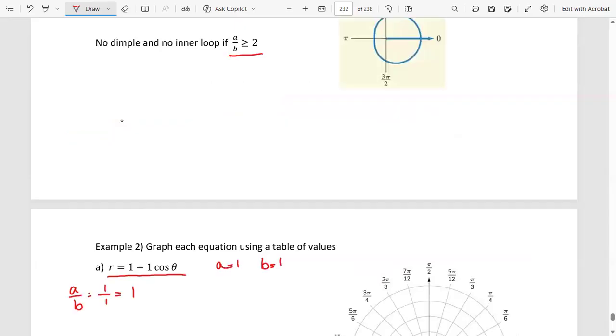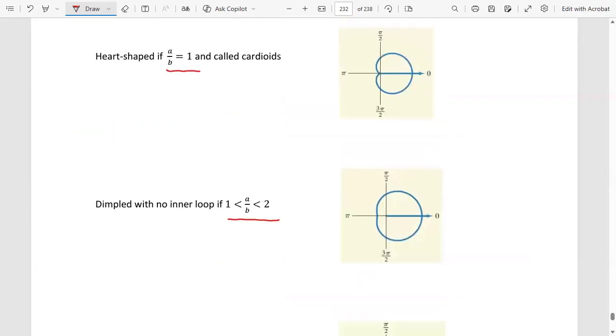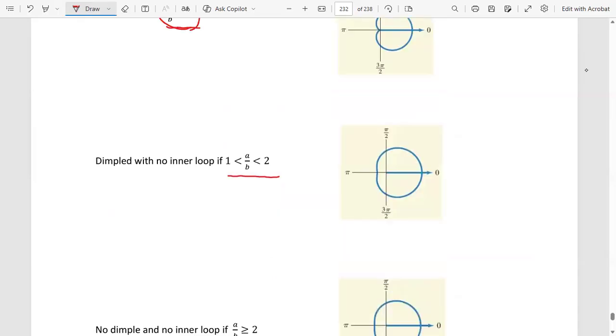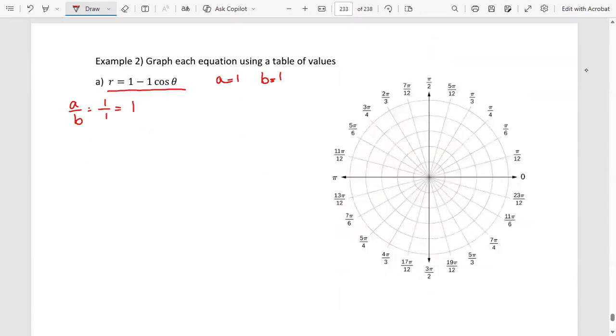I know every time the ratio is equal to 1, we should have a heart shape. So for this equation, I also expect a heart shape, and since the equation has cosine, that heart shape must be along the x-axis.